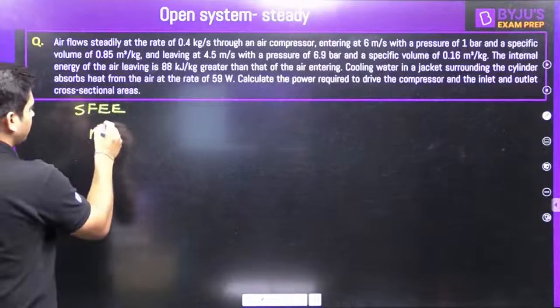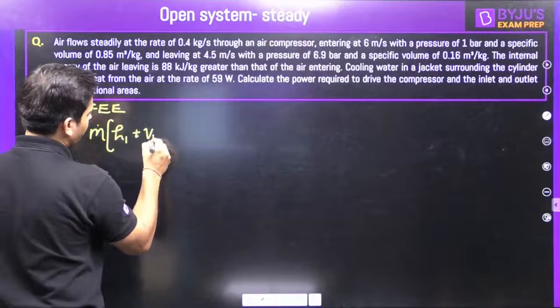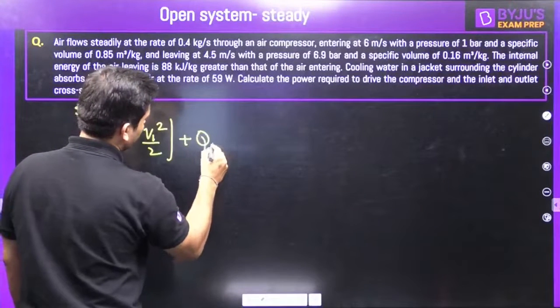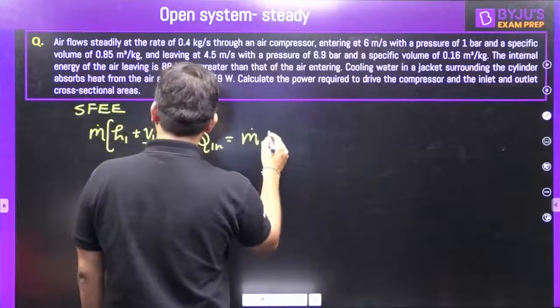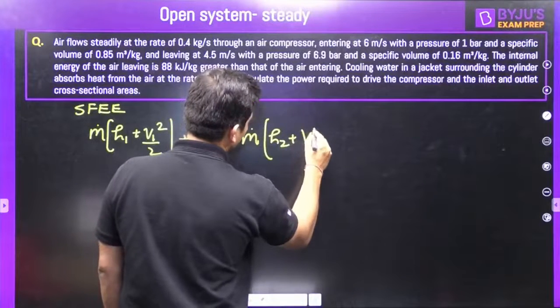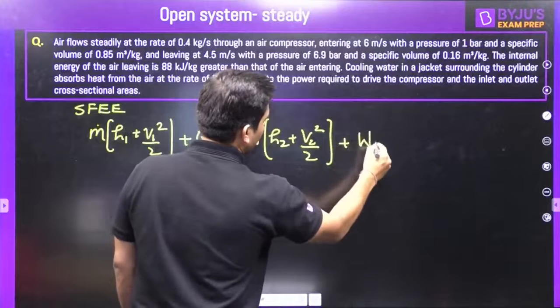M dot (H1 plus V1 square by 2) plus Q in is equals to M dot (H2 plus V2 square by 2) plus work output.